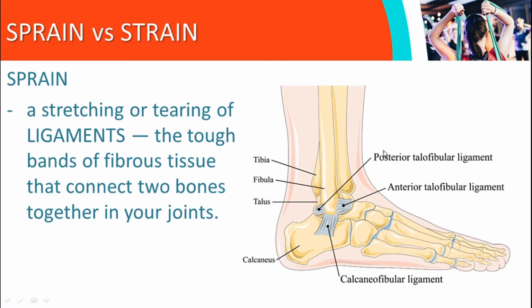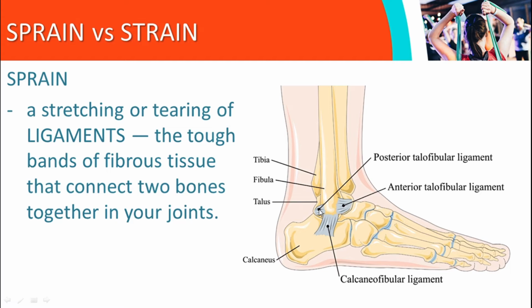So let's look at the picture here. You have different types of ligaments in your ankle alone. We have three: the anterior talofibular ligament, the posterior talofibular ligament, and the calcaneofibular ligament. Does this look familiar to you guys?